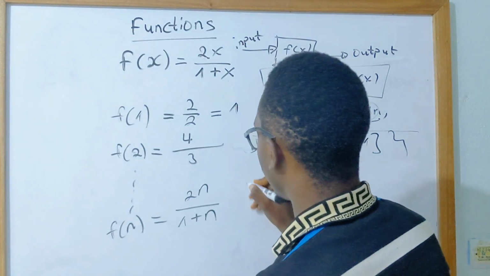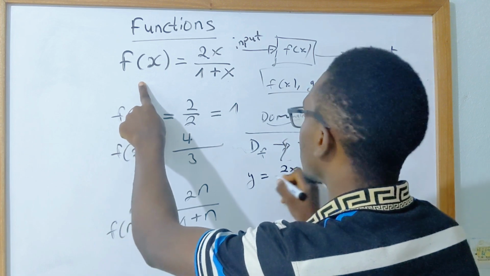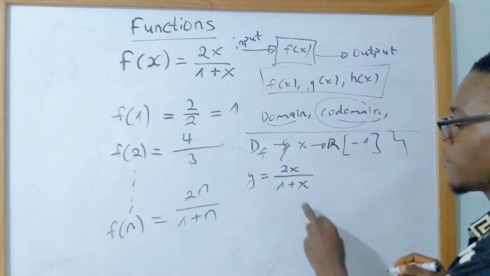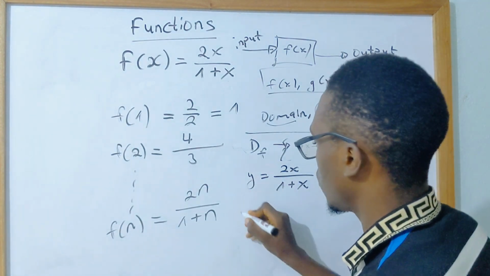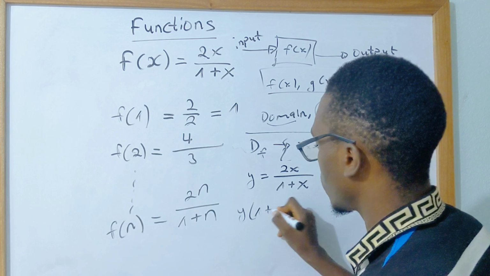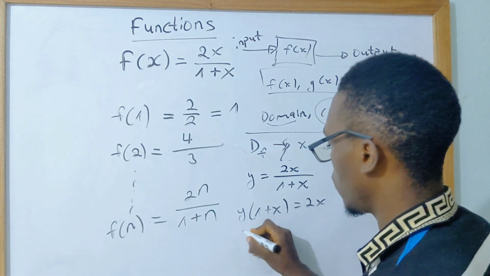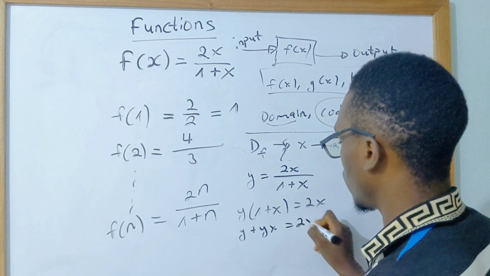Now see, you have y is equals to 2x over 1 plus x. Okay, you have to find x in terms of y. Therefore, on this side you have y into 1 plus x is equals to 2x. Therefore, you have y plus yx is equals to 2x.